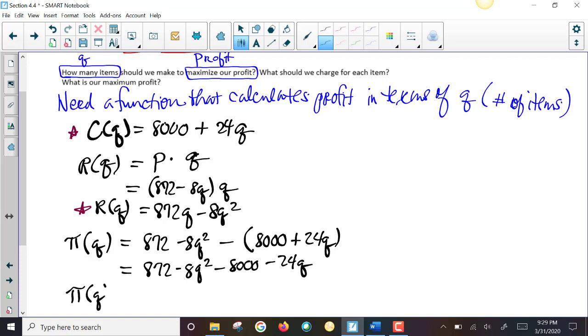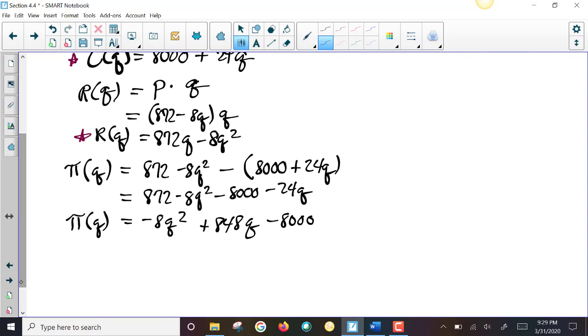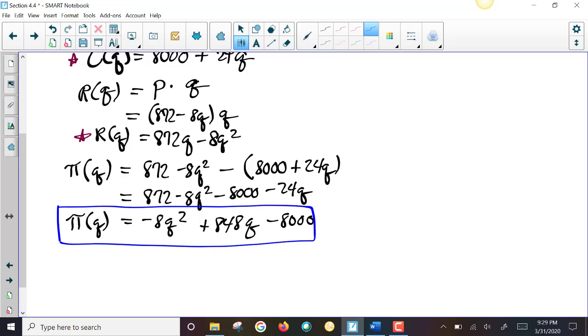And we come up with a profit function in terms of Q of negative 8Q squared plus 848Q minus 8,000. All right, so that's the function that calculates profit based on number of items.